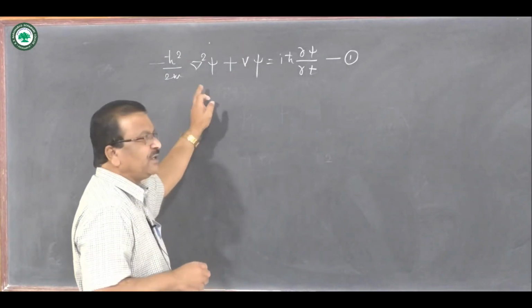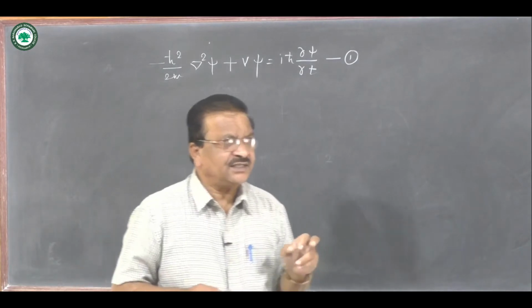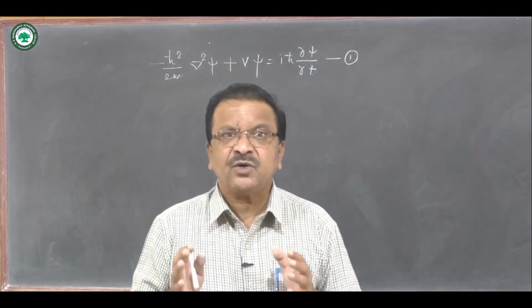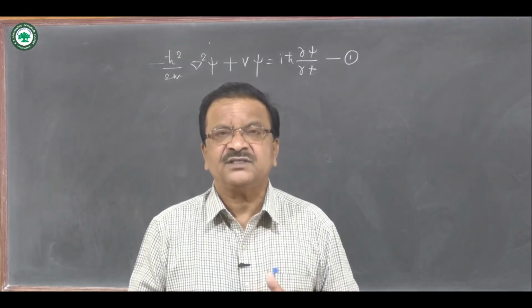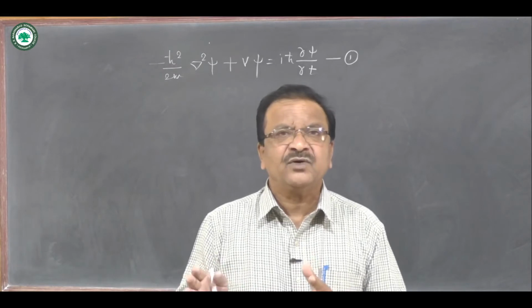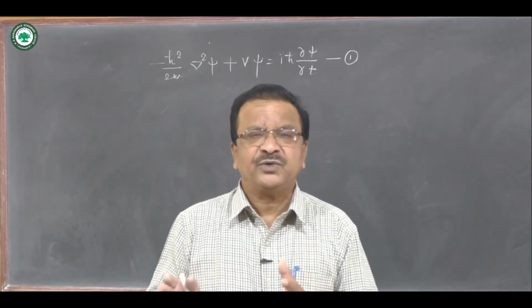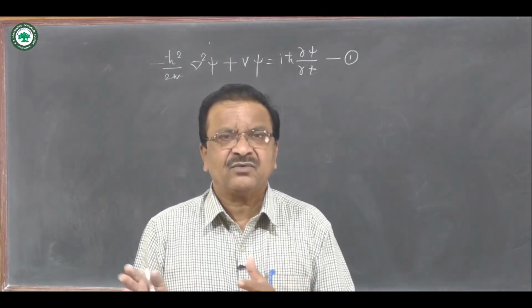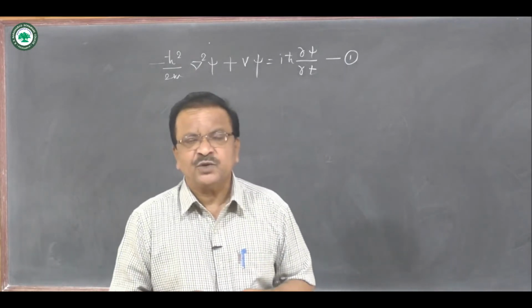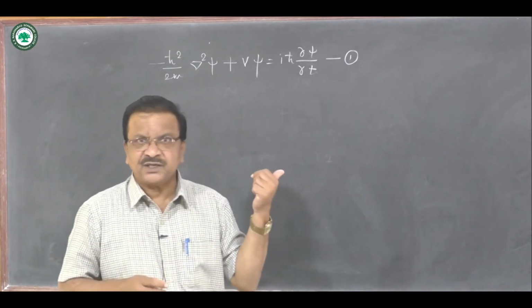Then the fourth property of this equation is that it is based on the conservation of probability, and therefore this equation cannot be applied to processes involving conversion of matter into energy or vice versa. For such conversion processes you cannot apply this particular equation.